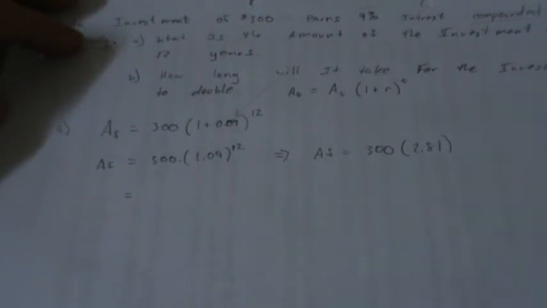Okay, and then if I multiply that by 300, we get 843.80. So that's how you can figure out the investment. Simply just plug in 12 here, R here, 300 there.